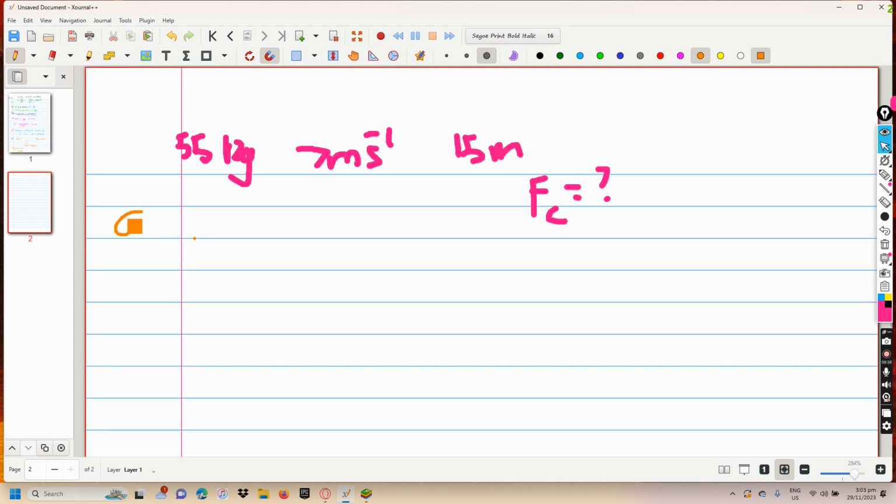So question 2A, centripetal force is equal to mv squared divided by r, which equals 55 times 49, because that's 7 squared, divided by 15. That's going to equal about 180 newtons.